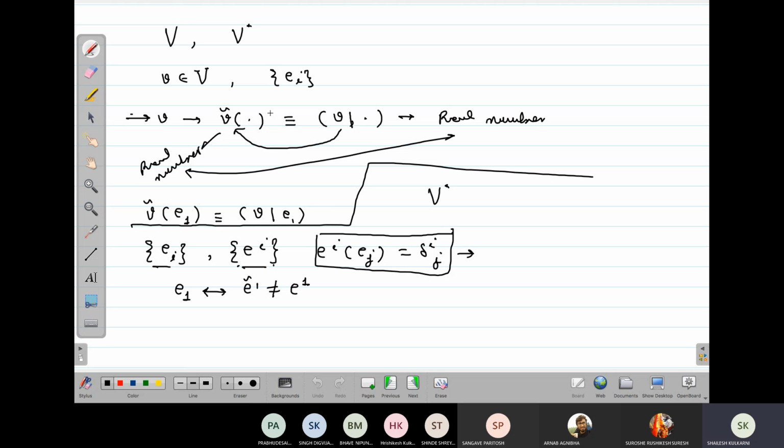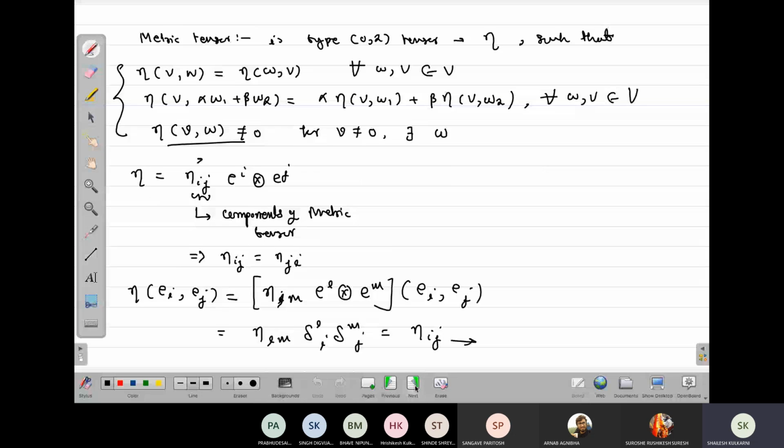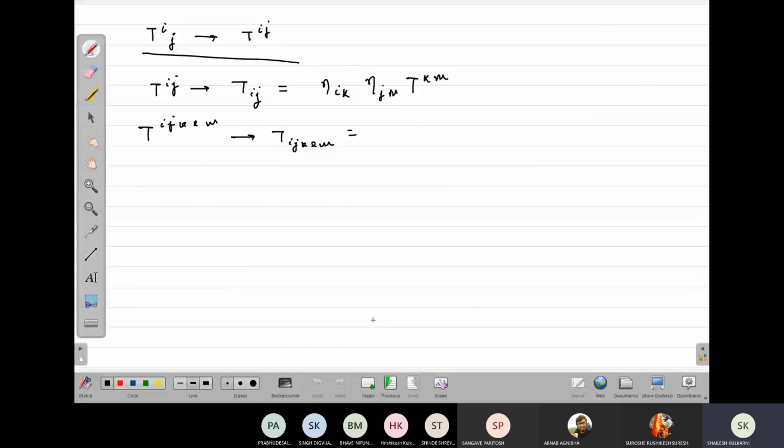So I can think of a vector as a map from dual vector to real number, and I can think of a dual vector as a map from vector to real number. Clear? But now if I have the inner product space, it's very easy to do. That is the point. So this is what we are going to do now. Any question till now?